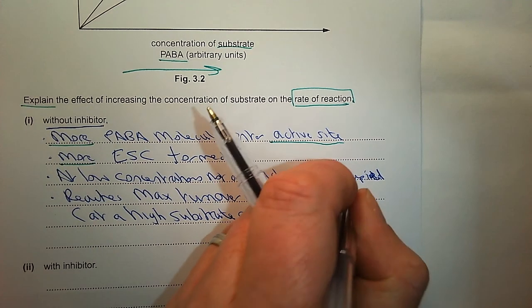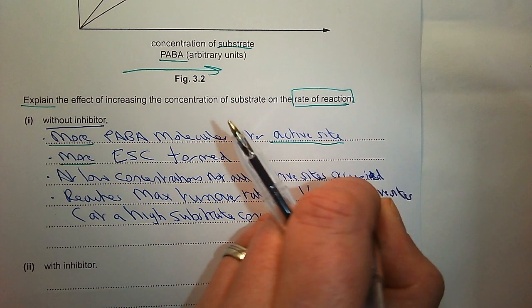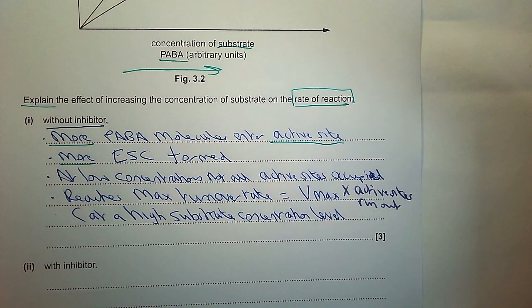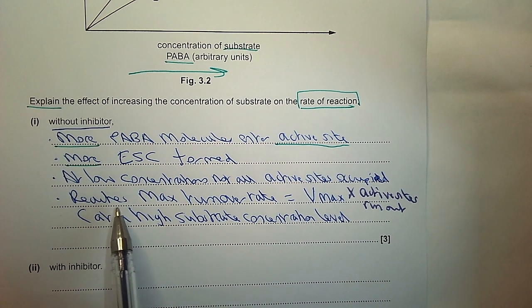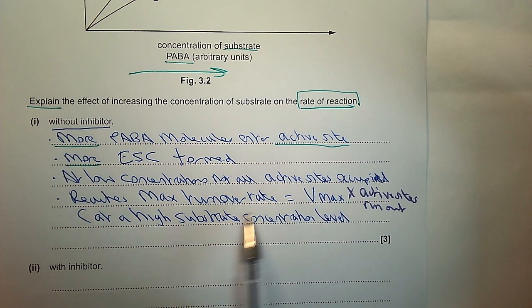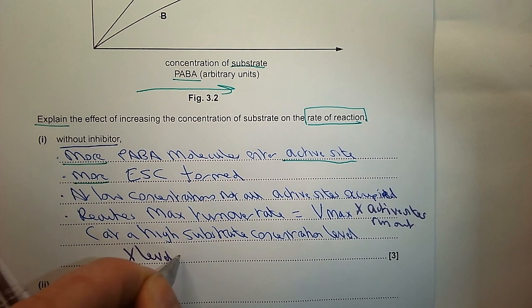What we don't want to say here is that active sites run out. We've got to say that all the active sites are occupied at high concentrations, or they're not occupied at low concentrations. When we're talking about Vmax, don't say it levels off.